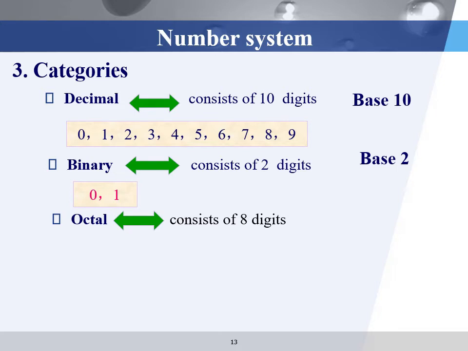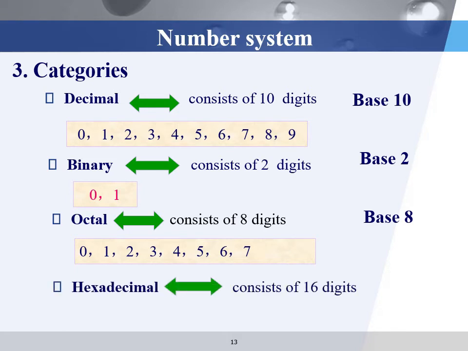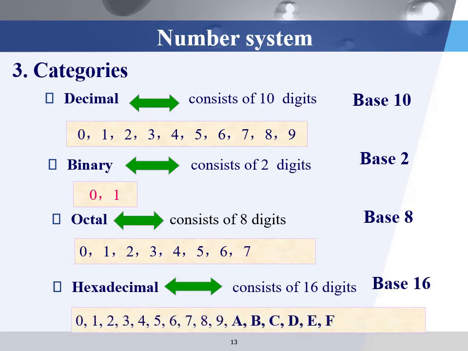Octal contains 8 digits, so the base is 8. The numbers include 0 to 7. Hexadecimal consists of 16 digits, so the base is 16. The numbers include 0 to 9 and then A to F.